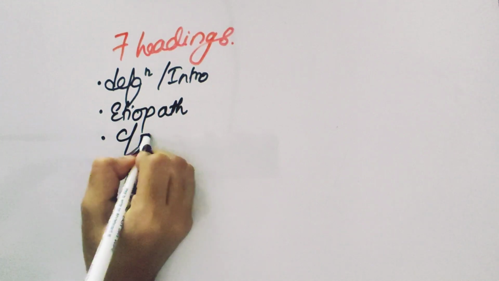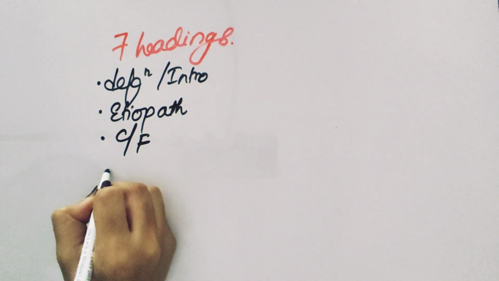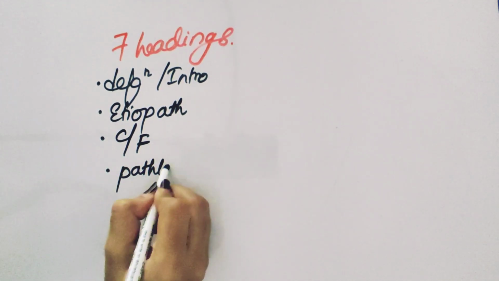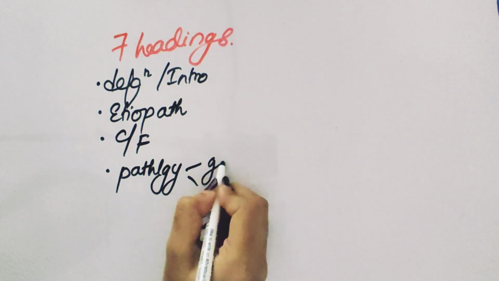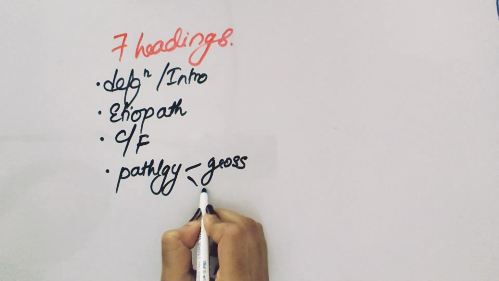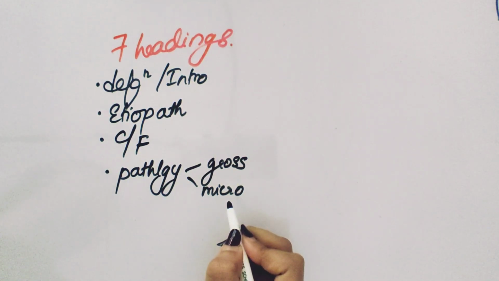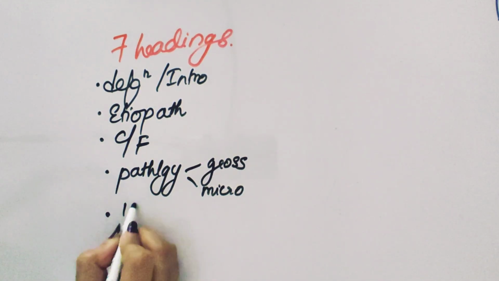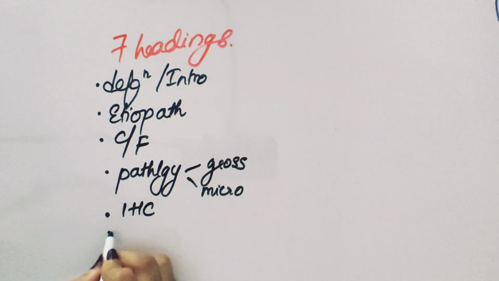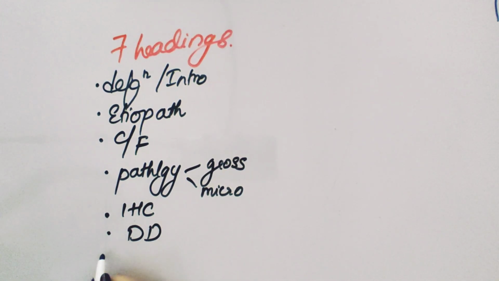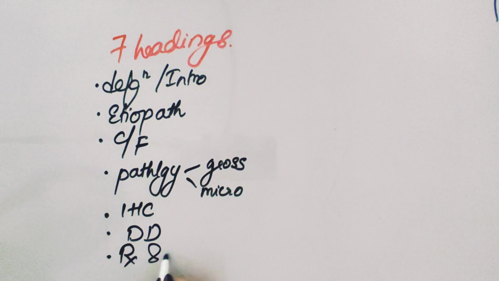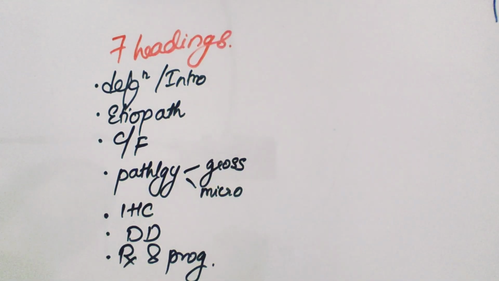Then I need clinical features, and then we'll be discussing the pathology, that is gross and microscopy, and then we will be telling about IHC, then we'll be telling about the TDs, and then treatment and prognosis. So these are the headings under which I would like to discuss topics.